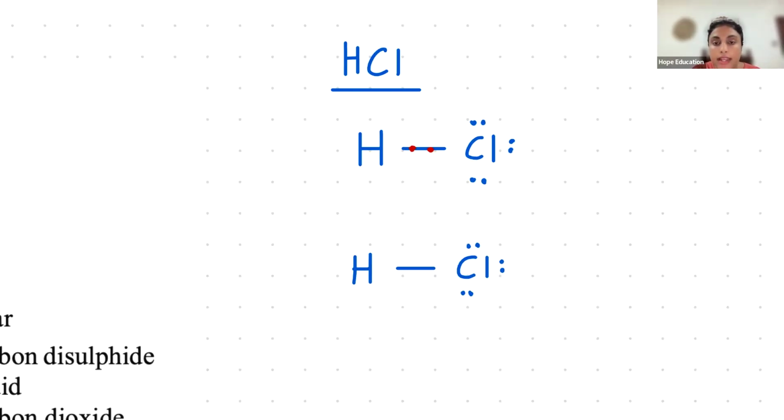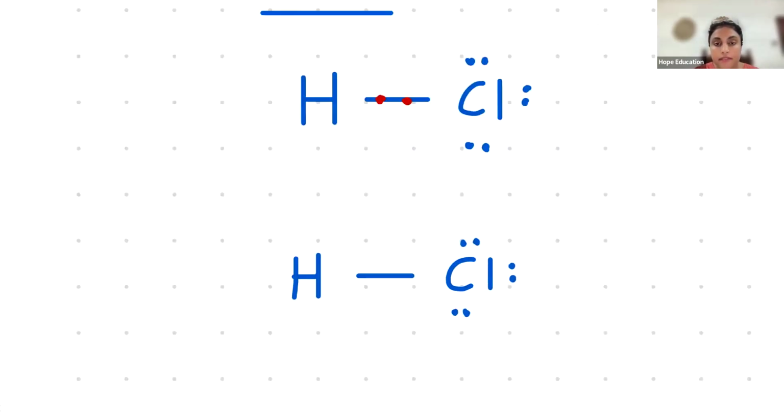So the electrons in this bond are not perfectly balanced like this. These two electrons will be closer to the chlorine atom. Why? Chlorine has a higher electronegativity. They are very close to chlorine, and electrons are negatively charged, so chlorine gets a partial negative charge.